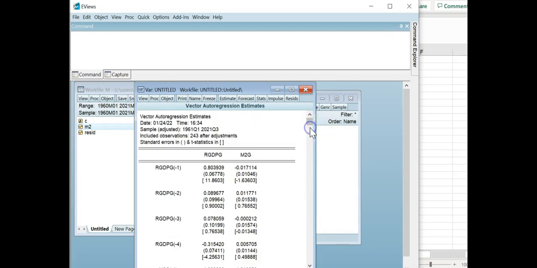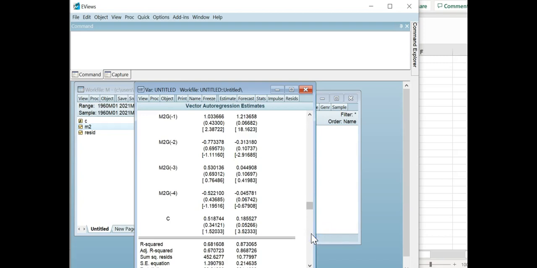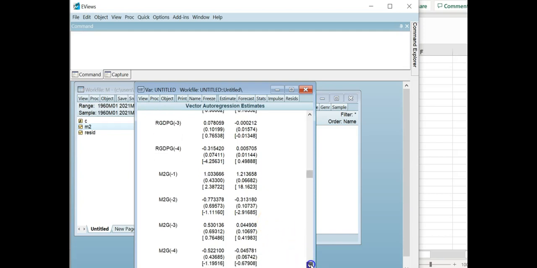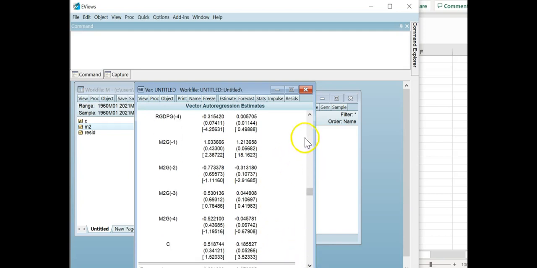So that's one equation. Another equation has M2 growth on the left-hand side, and then all those same lags on the right-hand side. Now this gives us a bunch of numbers, a bunch of estimates. This is kind of hard to do anything with.